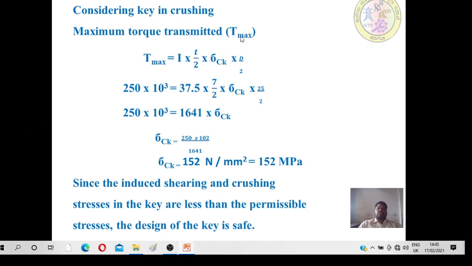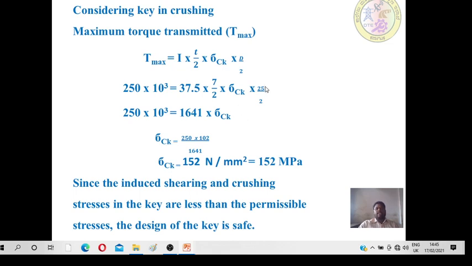Now let us check the crushing stress in the key material. The maximum torque transmitted by the key considering crushing, T max equal to L into T by 2 into sigma Ck into D by 2. T max is given in the problem, L is calculated, T is taken from the data handbook, sigma Ck we have to find out.